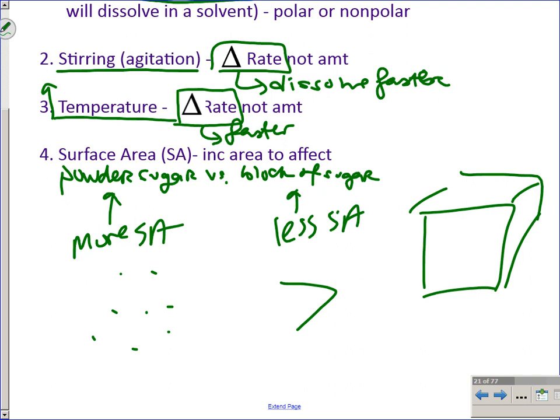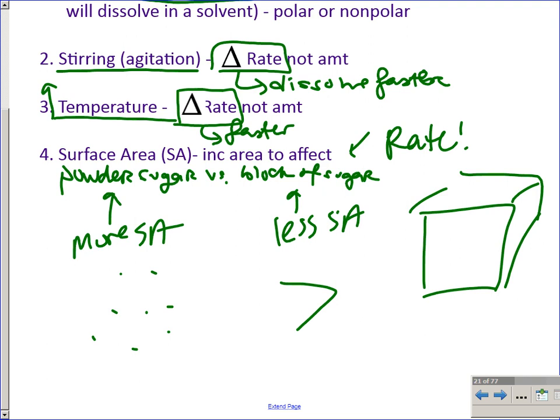So it'll increase the rate, generally not the amount at the end, because we could let the block of sugar dissolve for hours and it would dissolve, but the coffee wouldn't be hot anymore, right? So we would be in a place where it was inconvenient to do that.